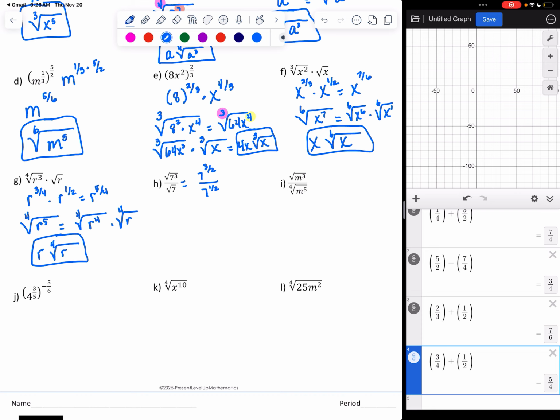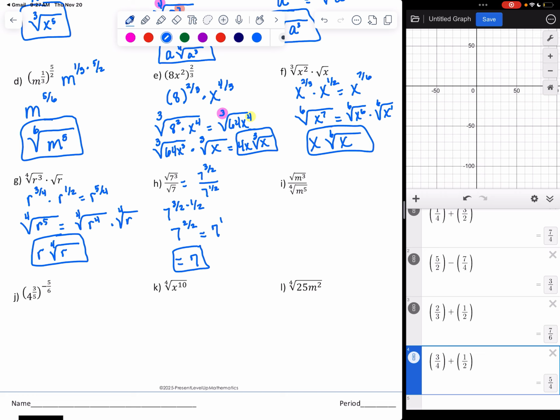Now you use your properties of exponents. This would be the same thing as 7 to the 3/2 minus 1/2, because to divide like bases, we subtract the powers. So 3/2 minus 1/2 is 7 to the 2/2, which is just 7 to the 1. So our final answer here is just 7.